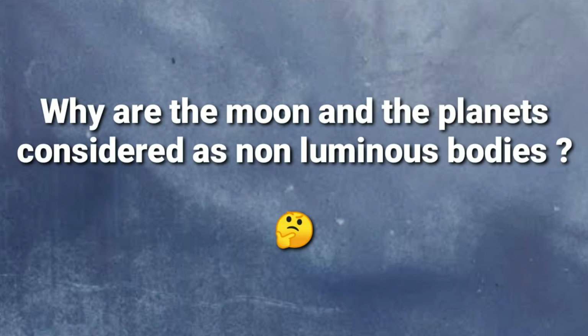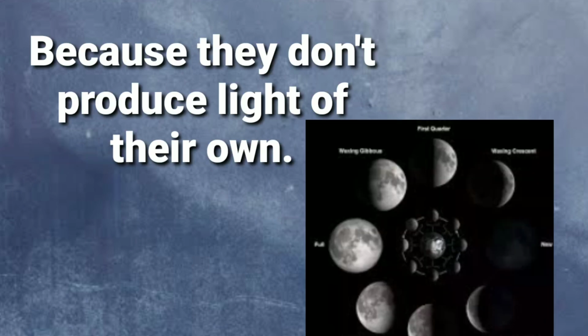One more question. Why are the moon and the planets considered as non-luminous bodies? Why do we consider moon or planets as non-luminous? Very simple. They do not produce light. They do not have their own light.